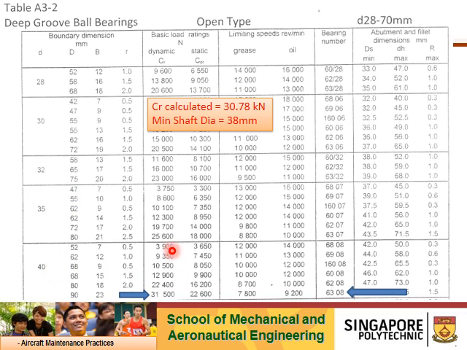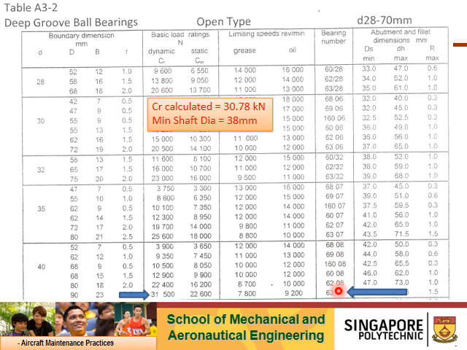This is where I mentioned the dynamic CR. Your calculated CR is 30.78. Based on the column here, what you're interested in is 40, so ignore the rest. You look at 40, starting from 6808, and you see 6908, 6008 and so on.